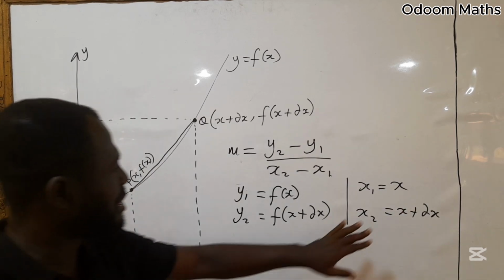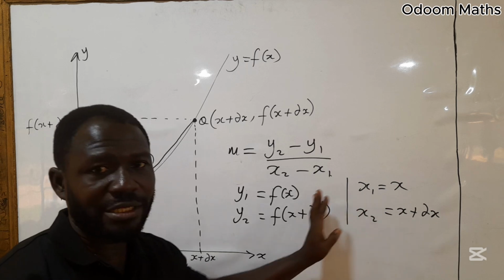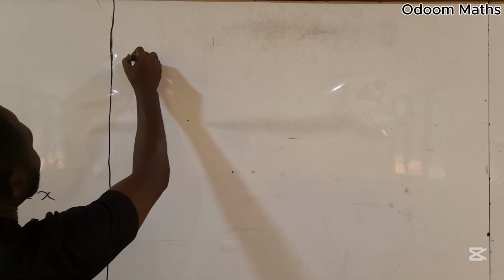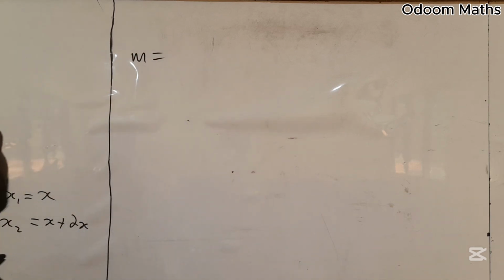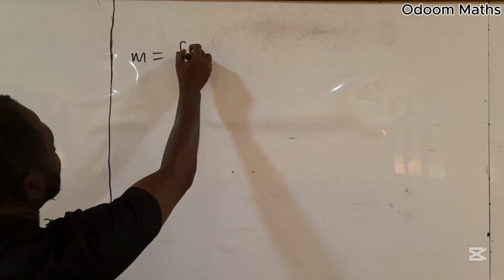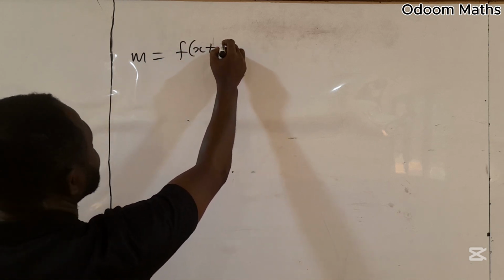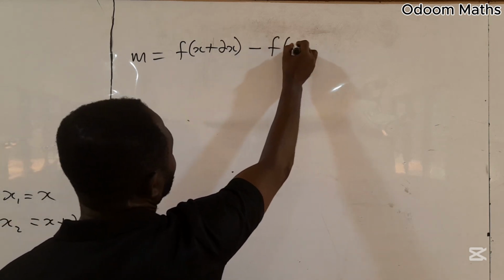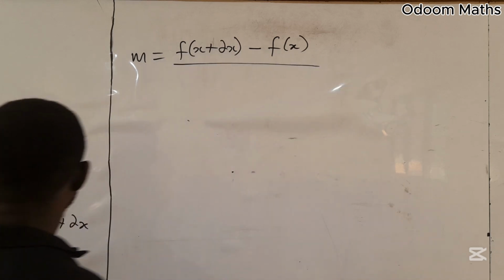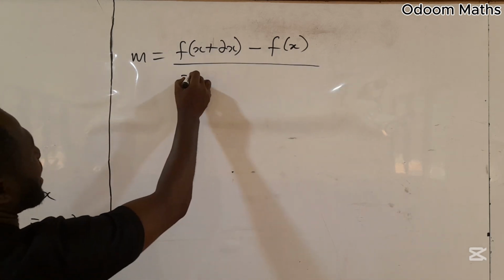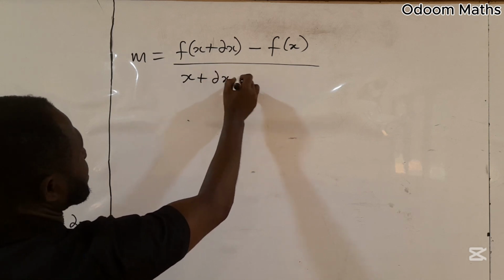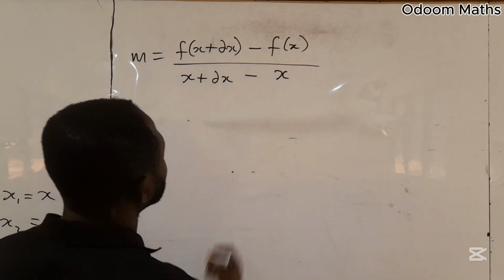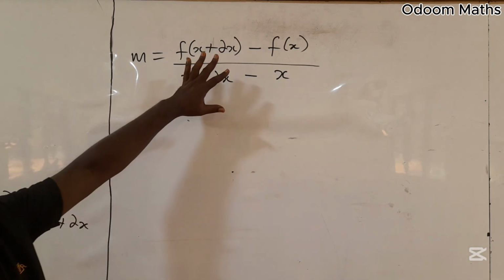So now I can use this to find the gradient of the line joining these 2 points. So in this case, my m is equal to y2, which is f of x plus del x, minus y1, which is f of x, over my x2, which is x plus del x, minus x1, which is x. Okay, so this is what we have now.